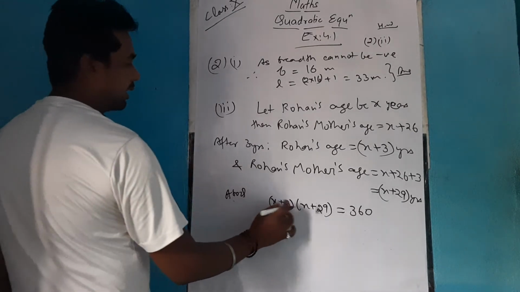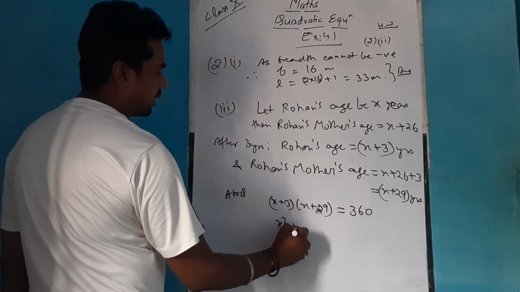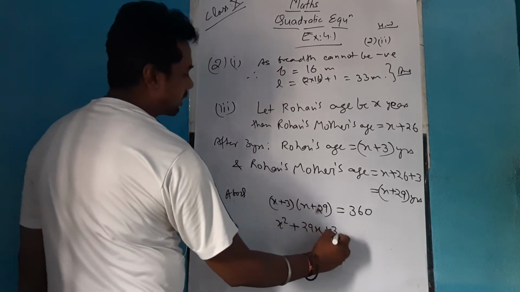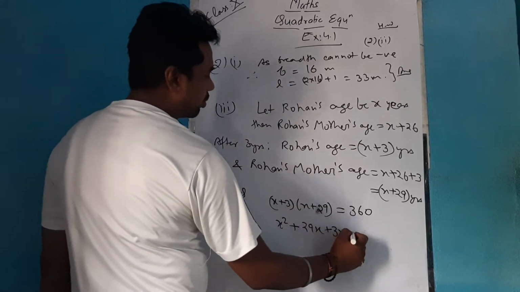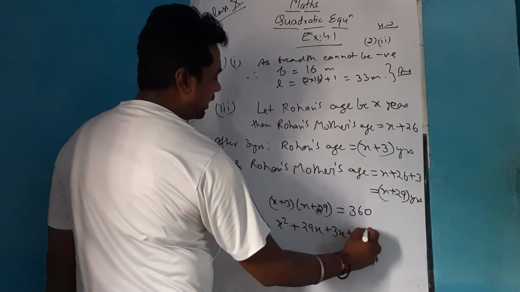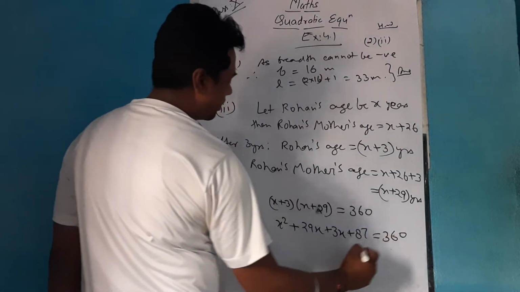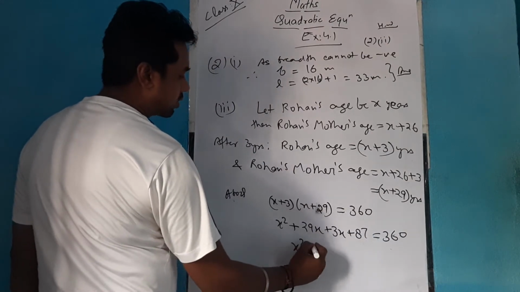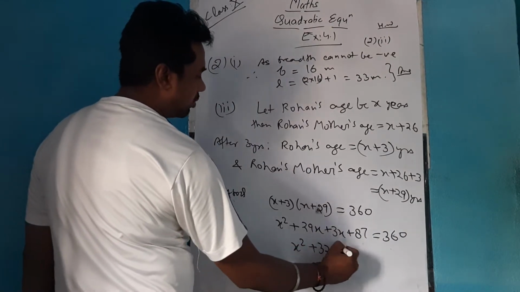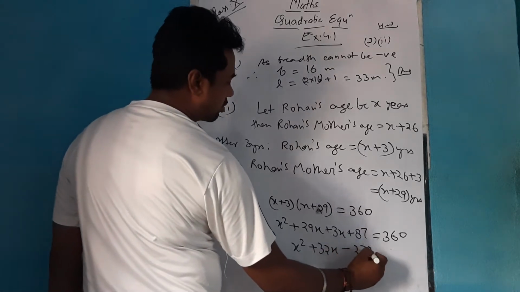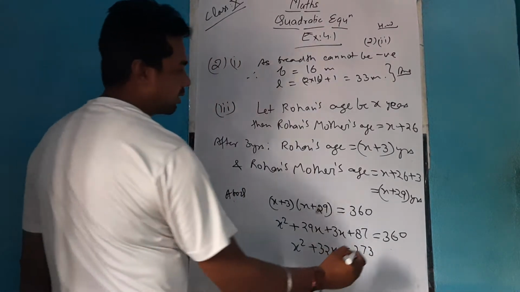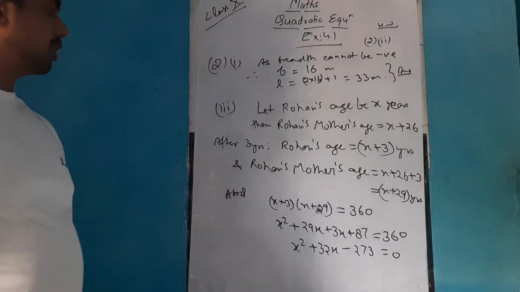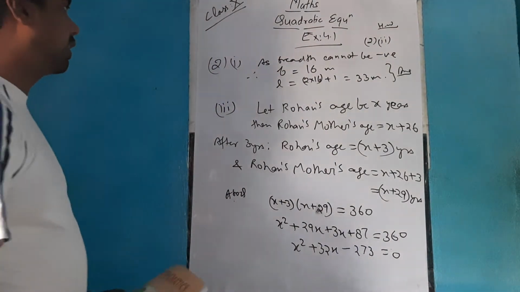Now we'll open the bracket: x into x, x square; x into 29, 29x; 3 into x, 3x; 3 into 29, 87. Now putting 360 on the left, x square plus 32x minus 273 equals 0.